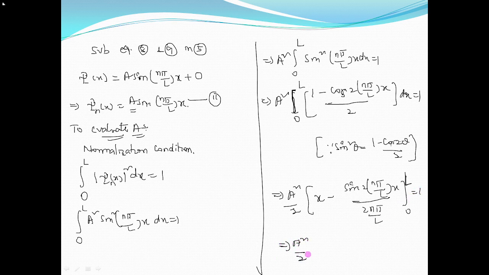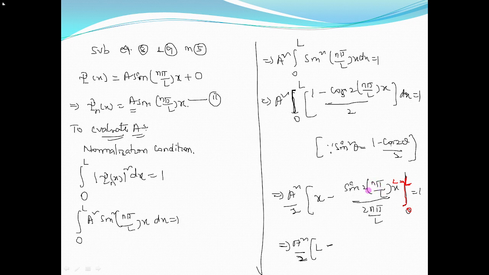So a squared by 2. Now first, if I substitute the upper limit, in place of x if I substitute L, this L gets cancelled and you are left with 2n pi.